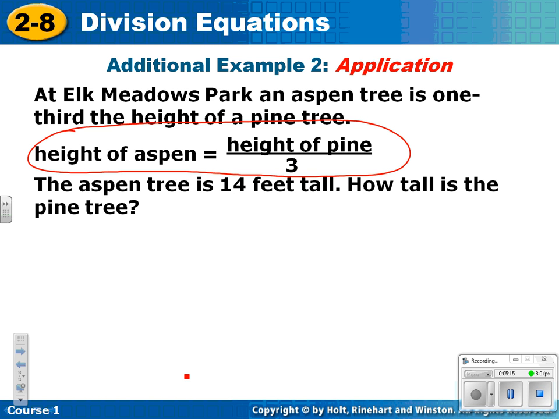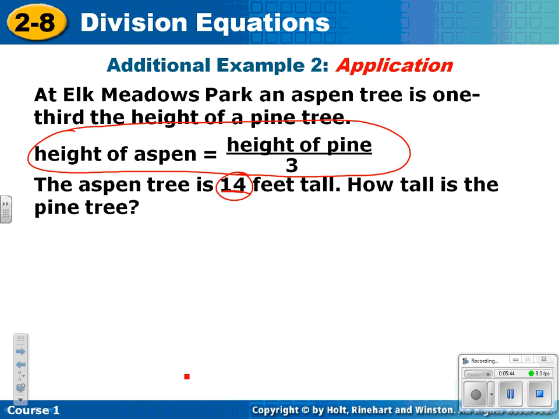What do I have to do? How do I do this? Well, eventually, yes. Let's do it one step at a time. Well, no. What is this 14 feet? Where does this 14 feet go? What is this 14?